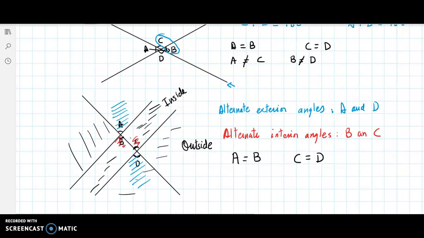But this angle A, that is here, okay, this angle is also equal to this angle because these two lines are parallel, so they form equal angles. So A is equal to C, so B is also equal to D. So you can observe that the four angles are equal. So A is equal to B, equal to C, and equal to D.